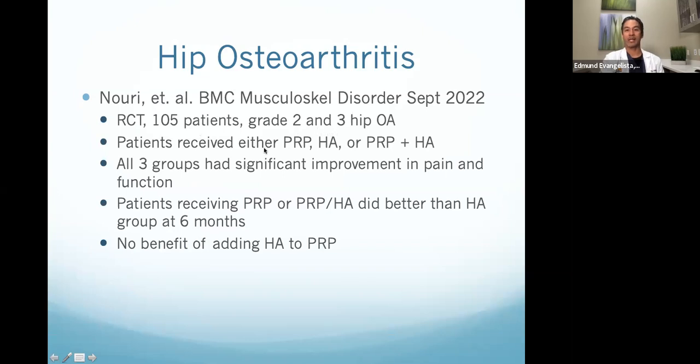The patients were randomized to either receive a PRP injection, an HA injection, or a combination of PRP and HA into the joint. And this study showed that all three groups had significant improvement in pain and function. However, the patients who received PRP or PRP with HA did better than the HA patients at 6 months. And they also saw that there was no difference between the group who had PRP and the PRP with HA, so they didn't feel that adding the HA was beneficial to adding it to PRP.